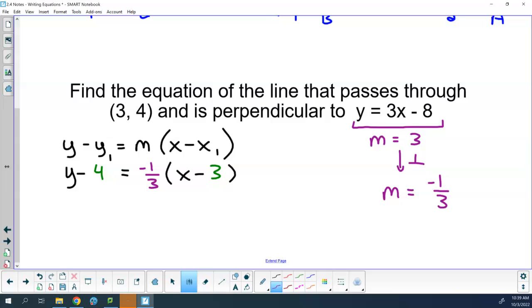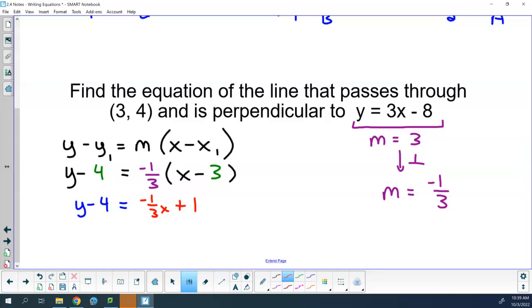Did it say what form we needed to be in? No. So let's go y equals mx plus b form. So that would be y minus 4 equals negative 1/3 x plus 1.